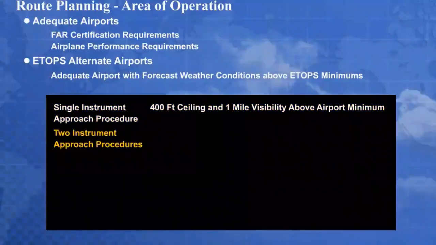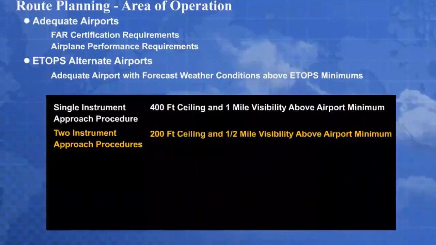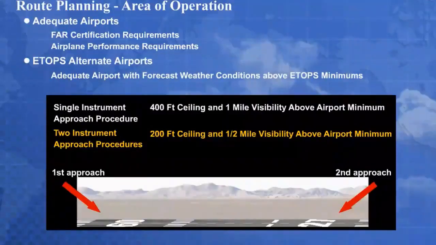For an airport with at least two instrument approach procedures to different runways, the ETOPS requirement is an additional 200-foot ceiling and 1/2 mile visibility above the higher minimums of the two approaches used. The two approaches may be on opposite ends of a single landing surface.